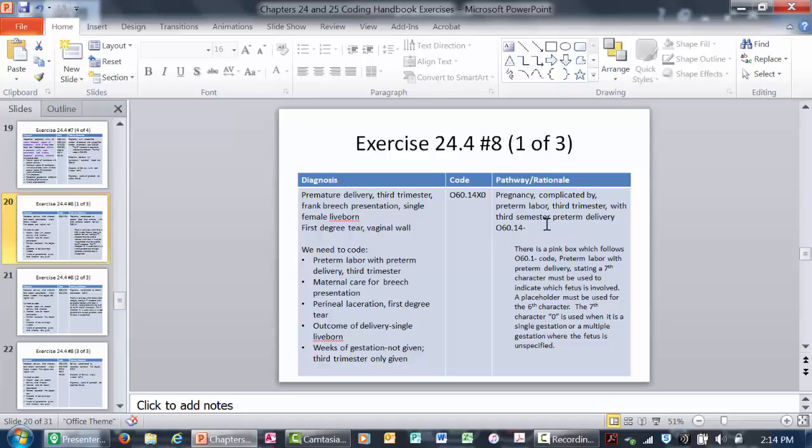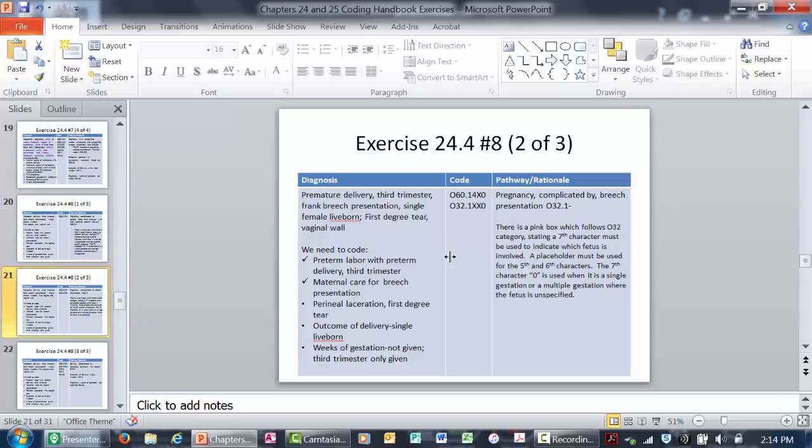Here is your pregnancy complicated by preterm labor, third trimester, with third trimester preterm delivery. The pink box we've mentioned earlier with the seventh character. The seventh character 0 is fine because we've got one baby, so that's correct. Now we're going to look at the breech presentation. It also allows us to assign a seventh character.